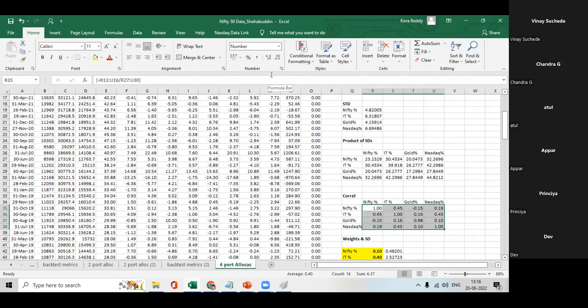Things like that. The diagonal of this matrix has to be 1, 1, 1, 1. So I don't know why 0.9 has come.